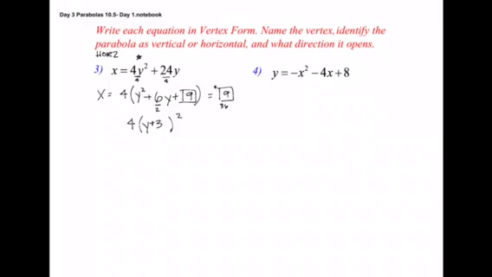When we move that 36 back over, we subtract it. We now have our vertex at negative 36, negative 3. Our a is positive, so we know this opens to the right.